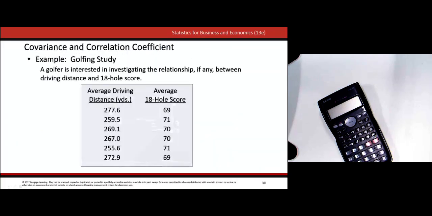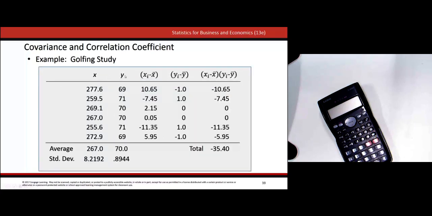This is another example. A golfer is interested in investigating a relationship, if any, between driving distance and 18-hole score. Now x is the driving distance, y is the 18-hole score. You can create a table like this to do the calculations.